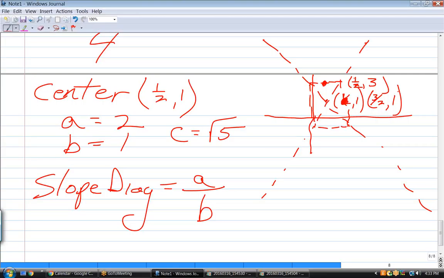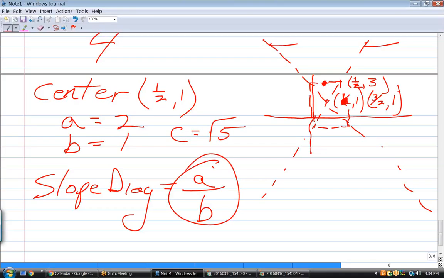If it's at the origin, in other words, if my center was at 0, 0, then the slope of this line is A over B, the slope of this line is minus A over B. When it's not at the center, it's a little harder. So this one is not at the center. The equation of this diagonal is not just A over B, which is the slope.